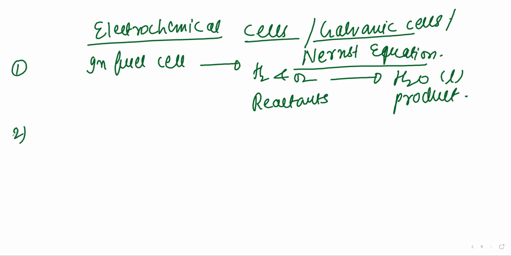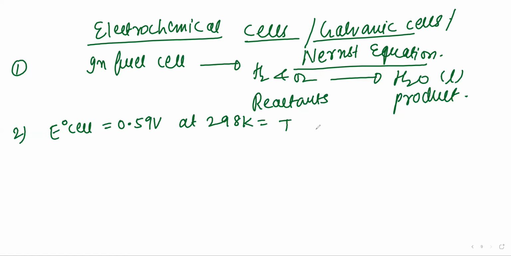Now look at the second one. For a cell involving one electron, E naught of cell is equal to 0.59 volt at 298 Kelvin temperature.